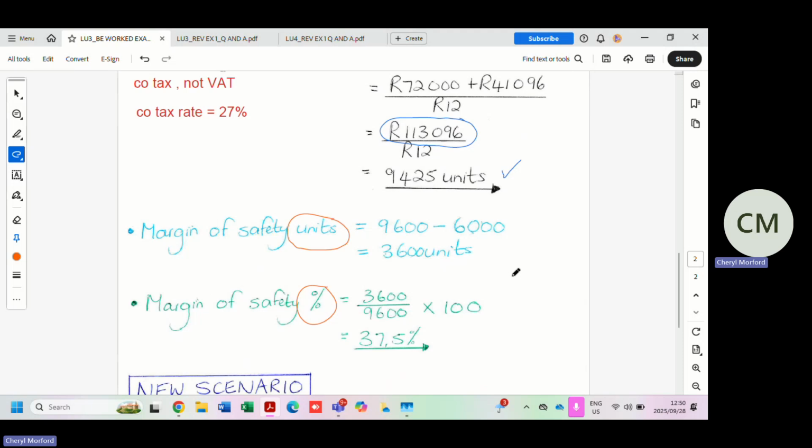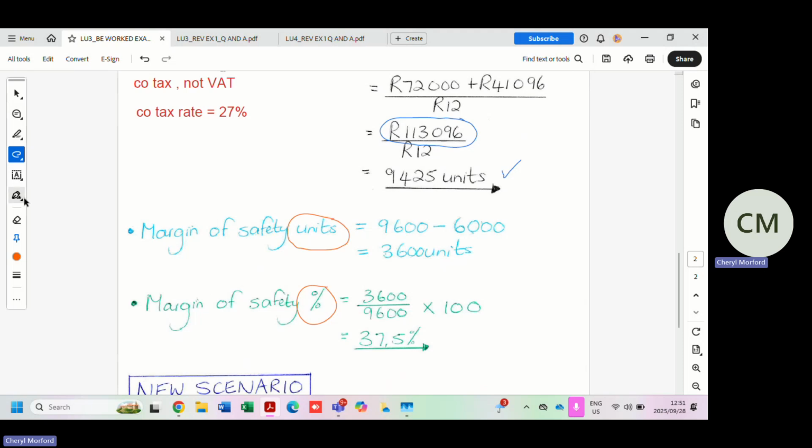It's the difference between your budgeted sales and your break-even units. It's almost like the insurance plan or the buffer, the extra, in case you have a downturn in sales. What is the lowest level that sales can drop to before we start to incur a loss?